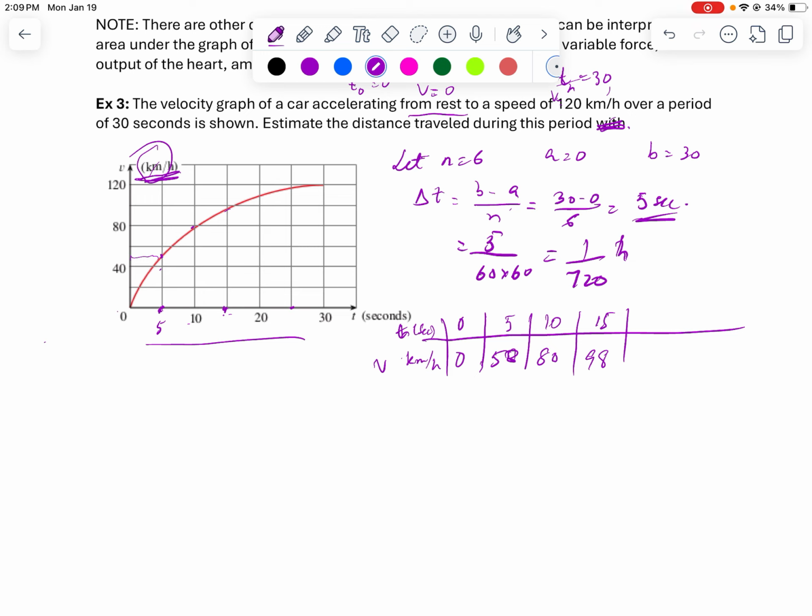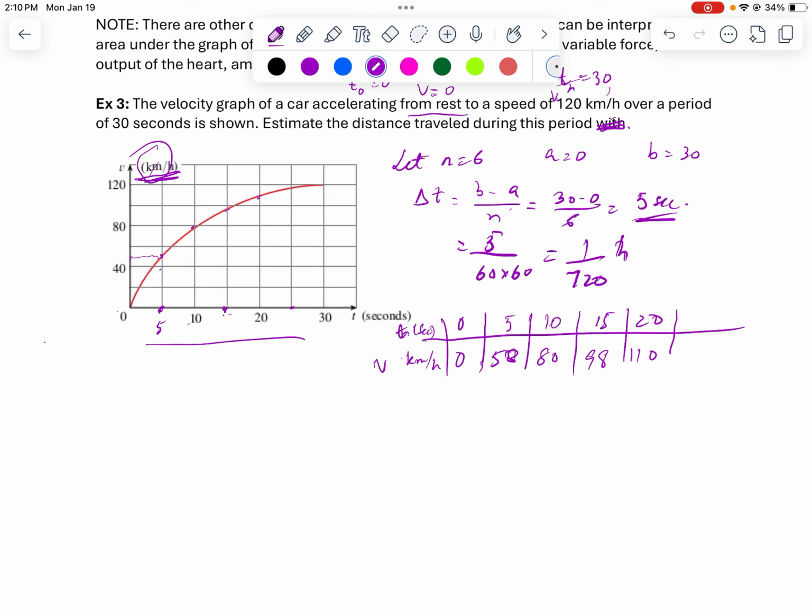It's, again, not maybe in the middle, a little bit below the middle, so you can say 108 or so. At 25, it is close to 120, so let's say 118. And then at 30, we have 120.